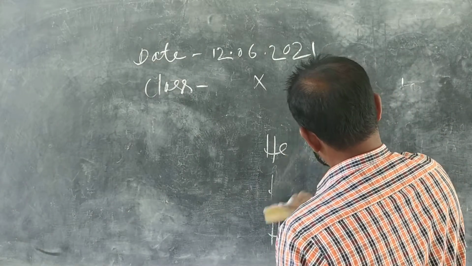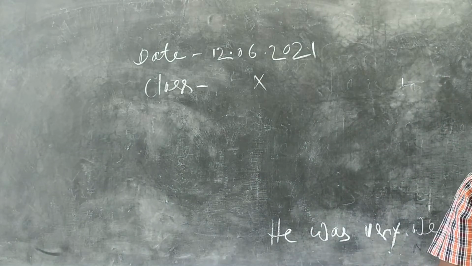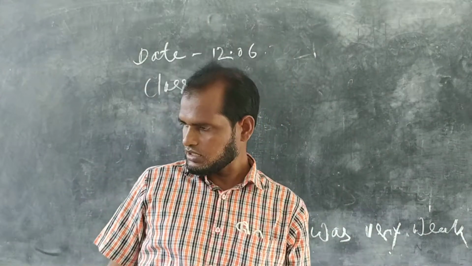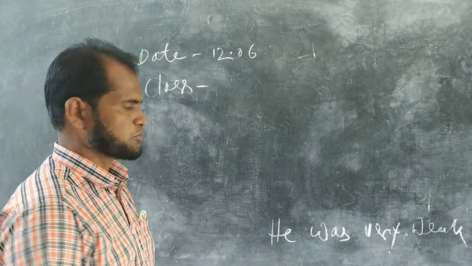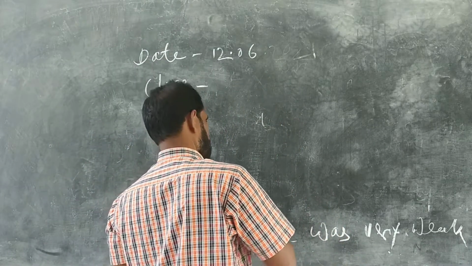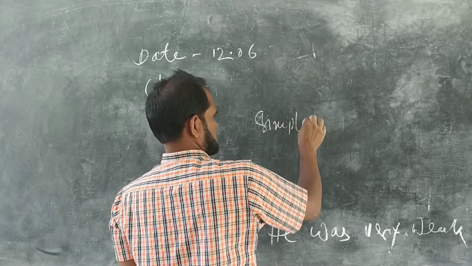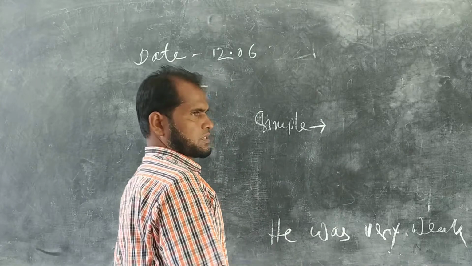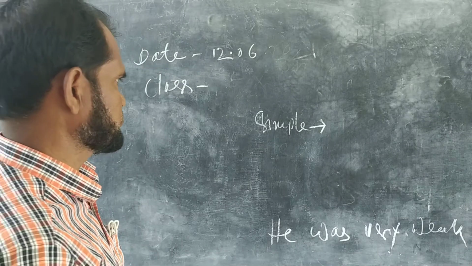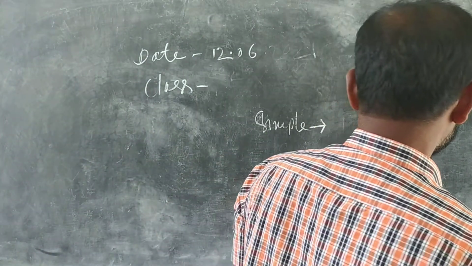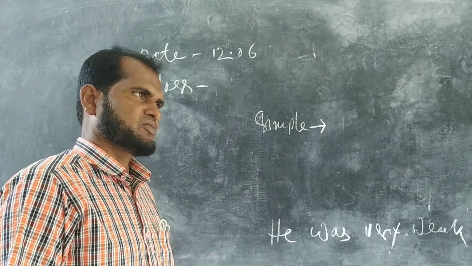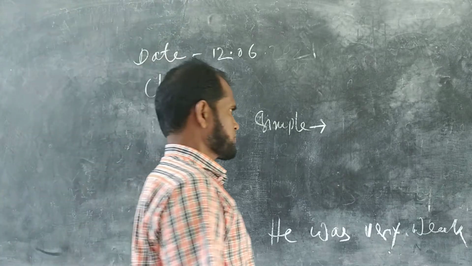Dear student, I am going to give another idea, another set of rules for making simple, complex, compound, and you will all write it in your exercise book. Simple: you will have to find out the symptom, and if you can understand the symptom, you can easily transfer it from simple to complex.